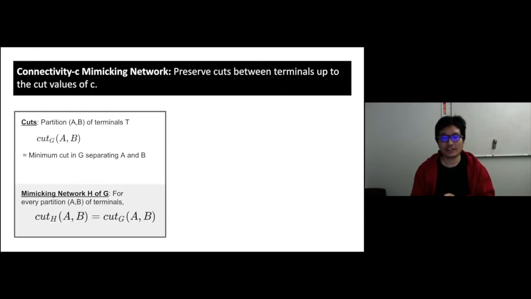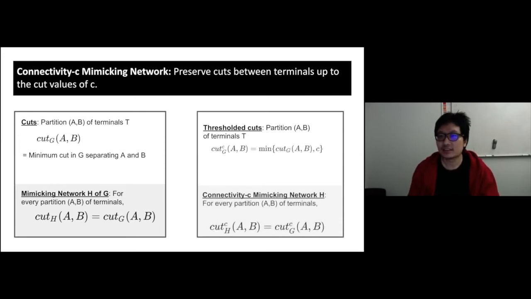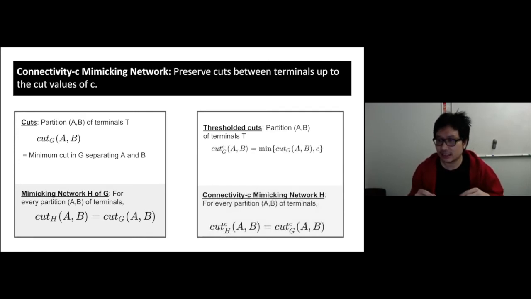What I show on the left here is the definition of a mimicking network. And now I want to define a connectivity c mimicking network. First, I define the notion of thresholded cuts. For any partition A, B of terminals, the thresholded cut, the cut with superscript c, is defined as the minimum between the cut value and c.